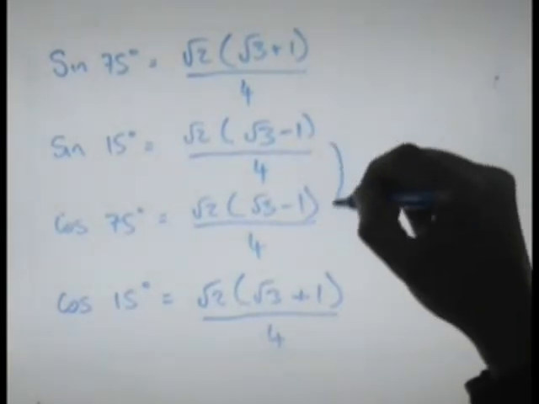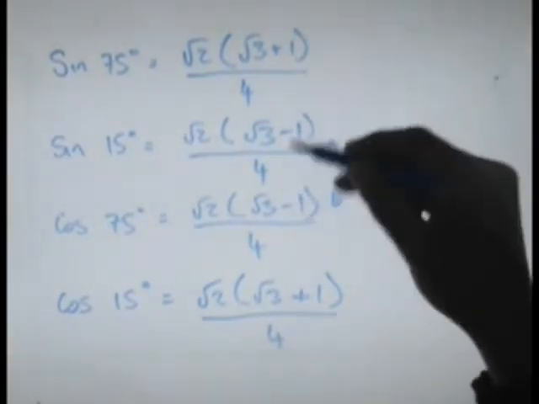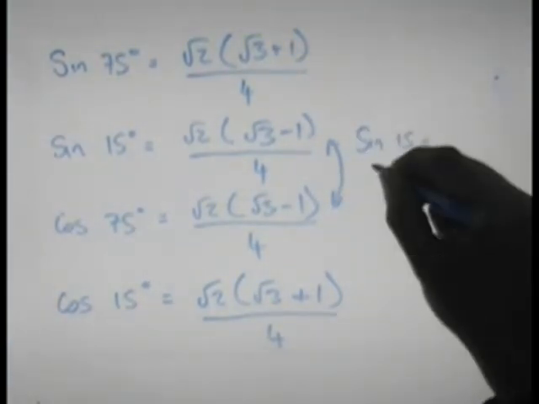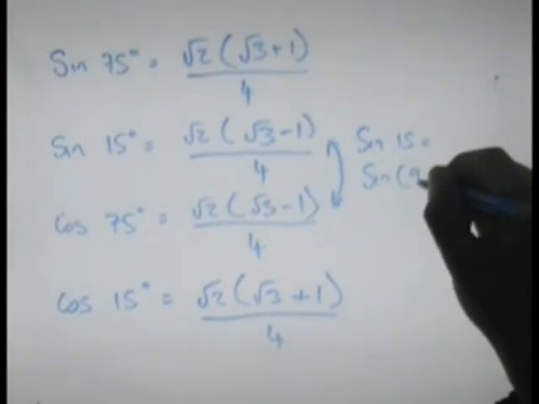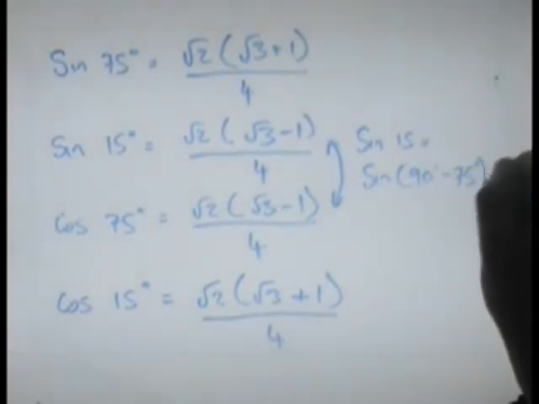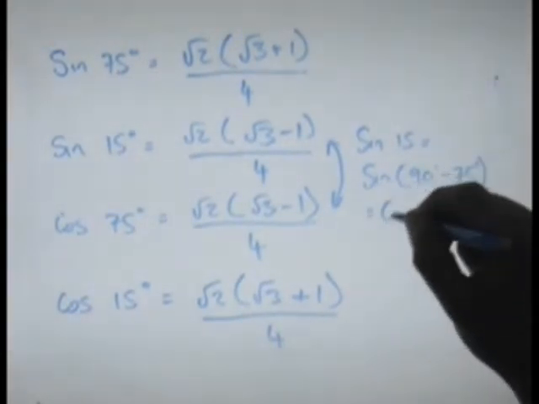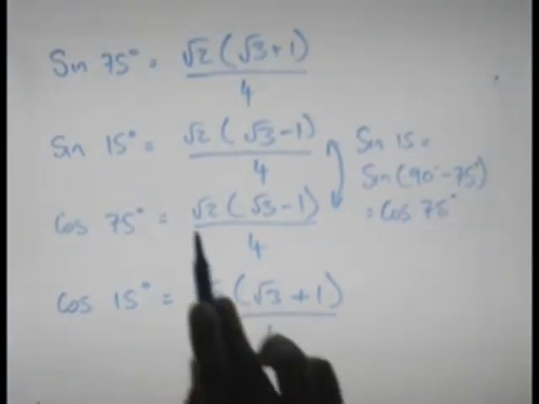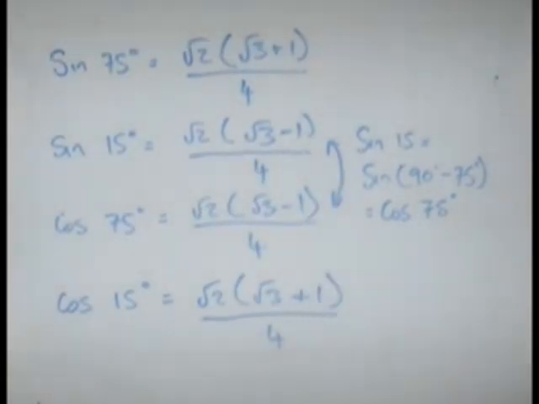Now notice that sine 15 and cos 75 are the same answers, and that makes sense because sine 15 is the same as sine of 90 minus 75, which is the same as cos of 75. So sine 15 and cos 75 gave us the same answer of root 2 times root 3 minus 1 all over 4.